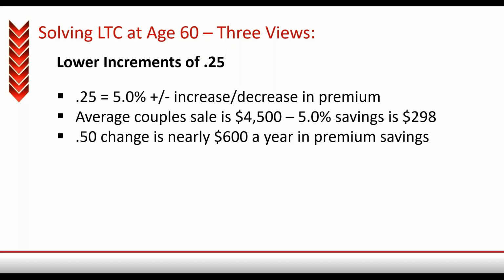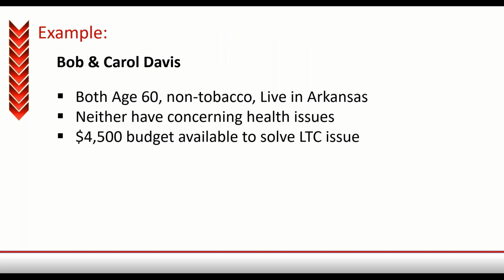So let's say an average couple has $4,500 at the sale right now. 5% savings is $300. If you change it down by 0.5%, you're saving them $600 a year in premium savings. So inflation's really a great way to dig down and get right to the price point that you need. Let's show you a quick example.